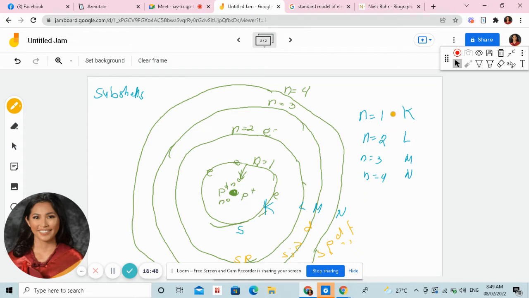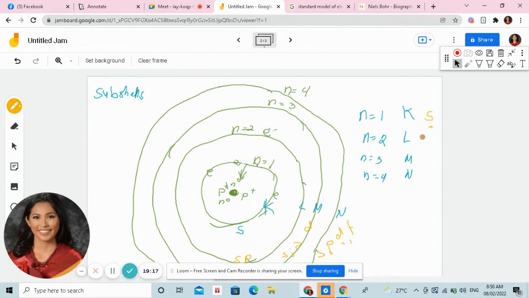So if it is shell K, it has how many subshells? One, ma'am. Which is subshell S. Okay. Then what about shell L, or second shell?